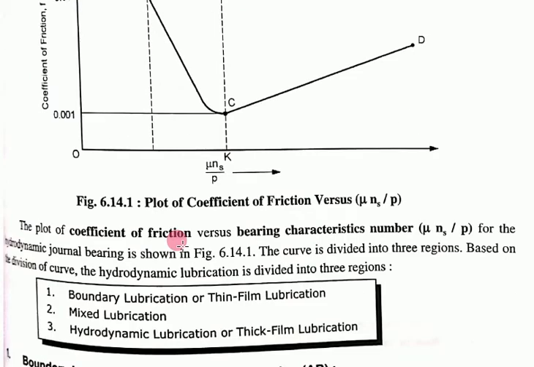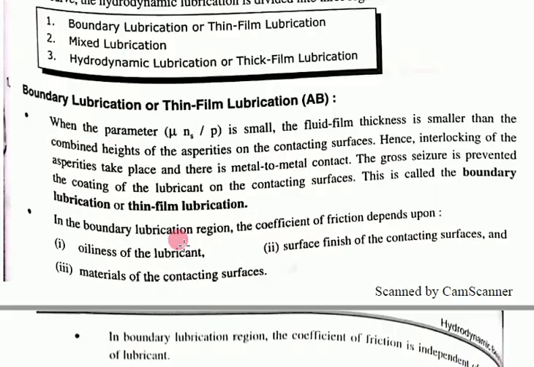Here the parameter mu Ns by p is very small and the fluid film thickness is smaller than the combined height of the asperities on the contact surface, hence the interlocking of metal to metal contact. So there is metal to metal contact in this period.